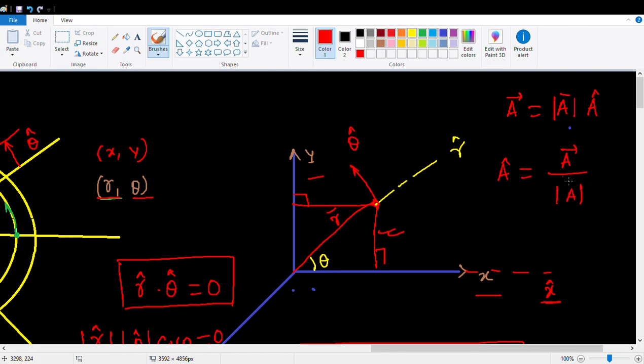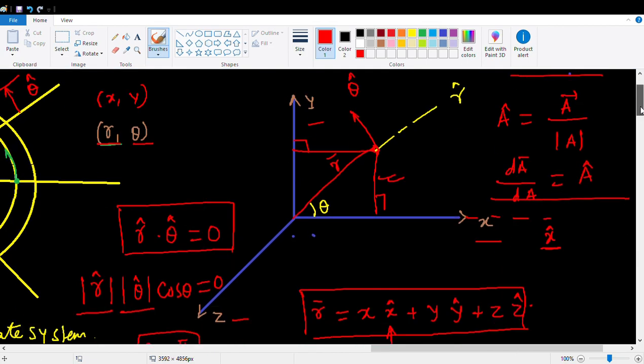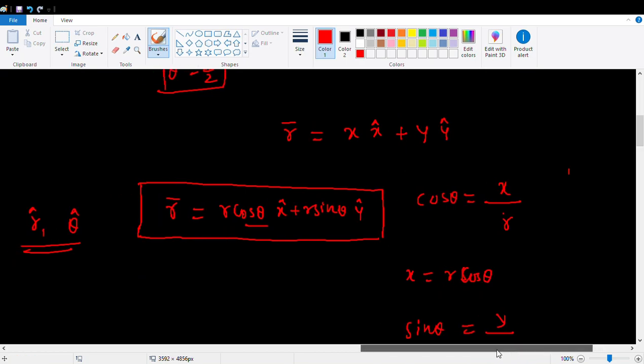So this is going to give me the a hat. Another way of writing this: if I take the a vector over a, since a is the magnitude, it is gone, and we are left with nothing but a hat. So there are two ways we can do this.